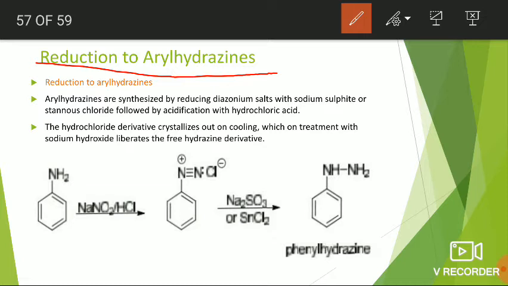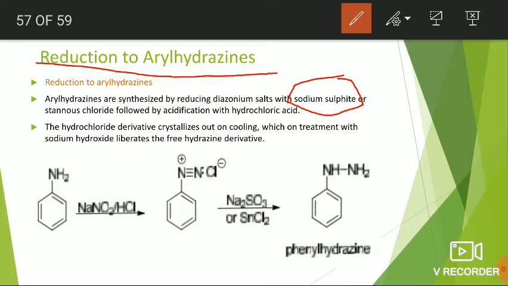It can be achieved by treating diazonium salts with sodium sulfite, not sulfate, sodium sulfite. The formula of sodium sulfite is Na2SO3. Formula of sodium sulfate is Na2SO4. SO4 is sulfate, SO3 is sulfite.